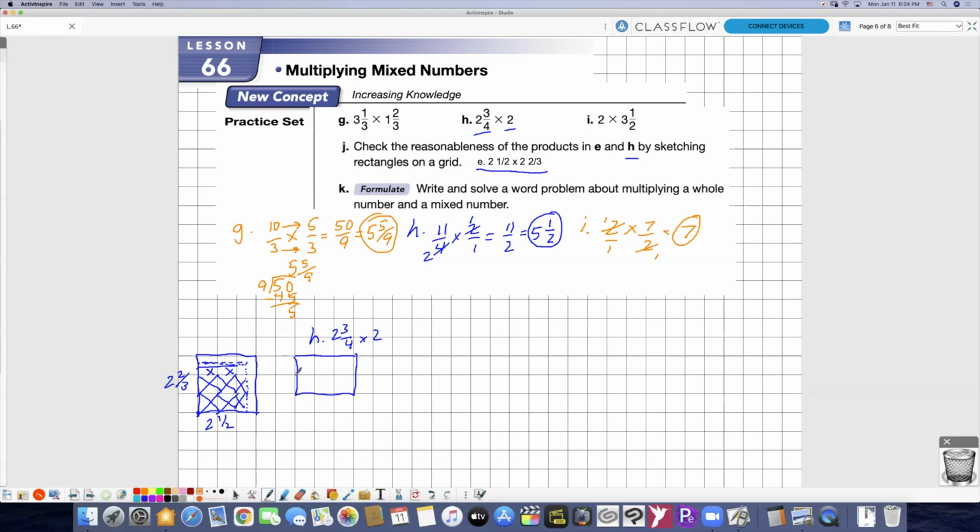So would this represent that? Well, here's what 2 3/4 would be, approximately right about here. And that would include this one, this one, this one, this one, this one. And then these 2 here would add up. You can see that this would be 3/4 and this would be 3/4.